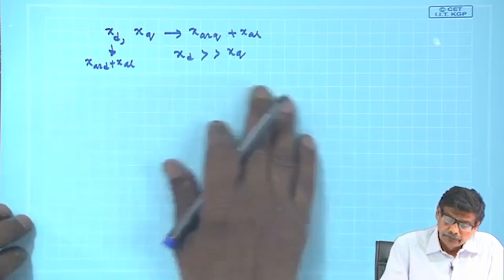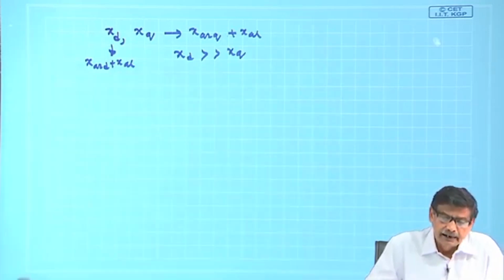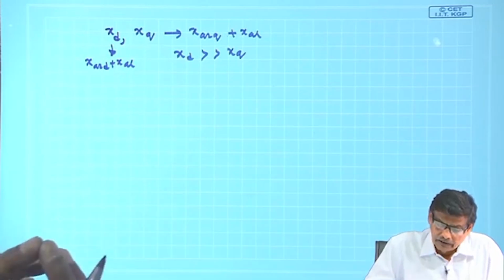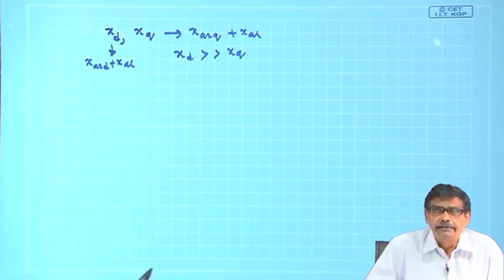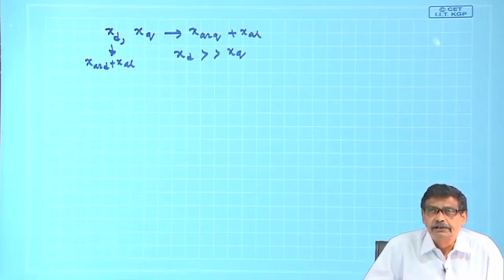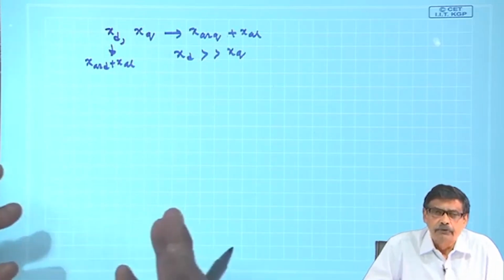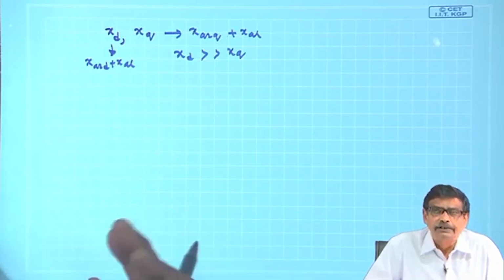In our last classes we were trained to draw the phasor diagram correctly. That is, essentially you have to determine what to draw in the phasor diagram.